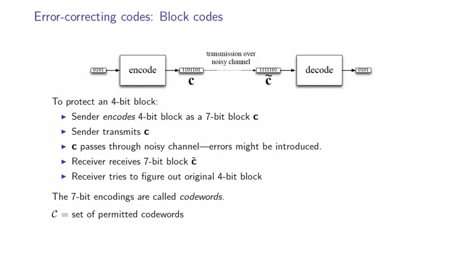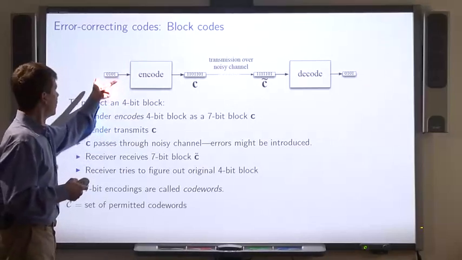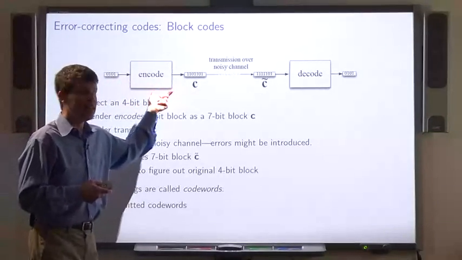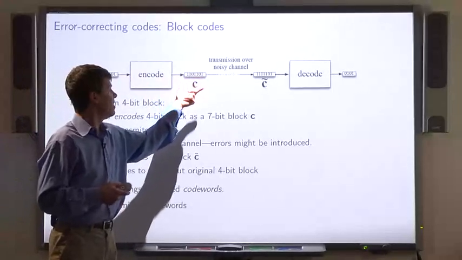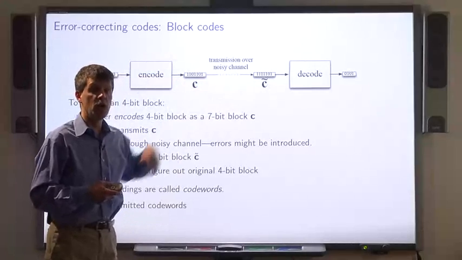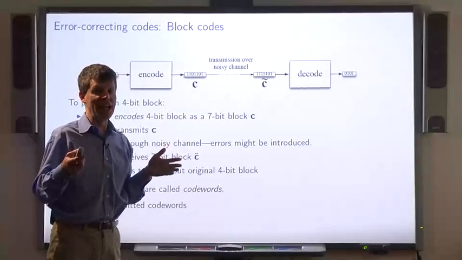So here's how a linear binary block code works. Suppose I want to send a message. Let's say my message is 4 bits. I encode that as a block of, in this case, 7 bits. Then I transmit it through what's abstracted as a noisy channel.